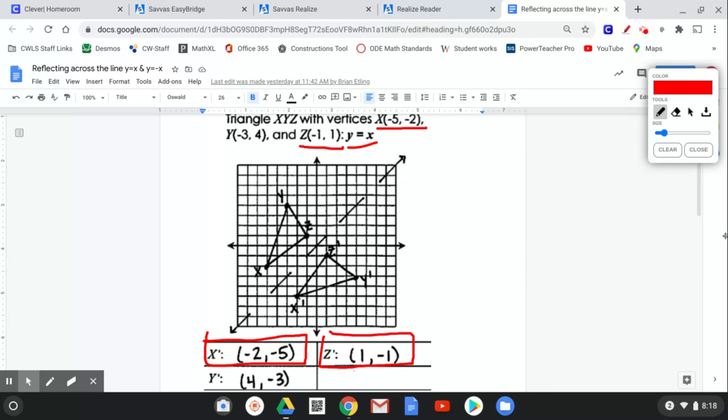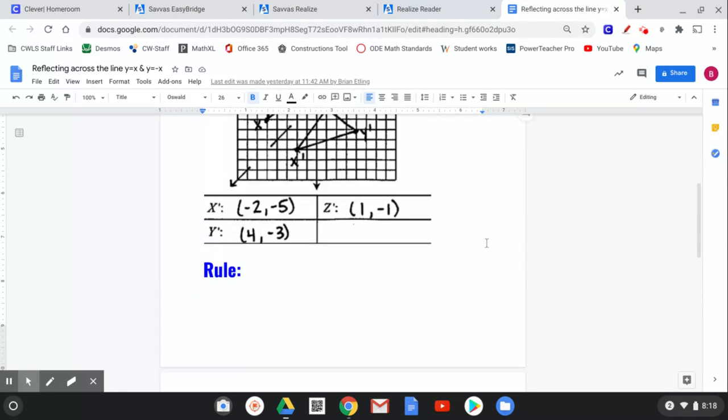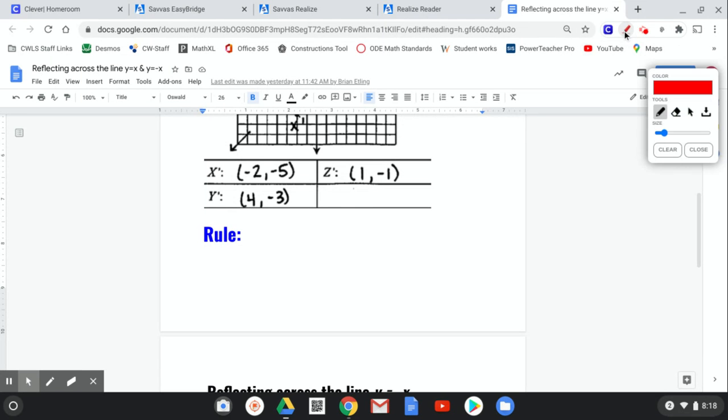So our rule when we're reflecting over the line y equals x, and this would be something to write down: we're starting off with the coordinate x comma y, okay? And after it undergoes the transformation, all we're going to do is switch the coordinates and make it y comma x, okay? So that's all we did.